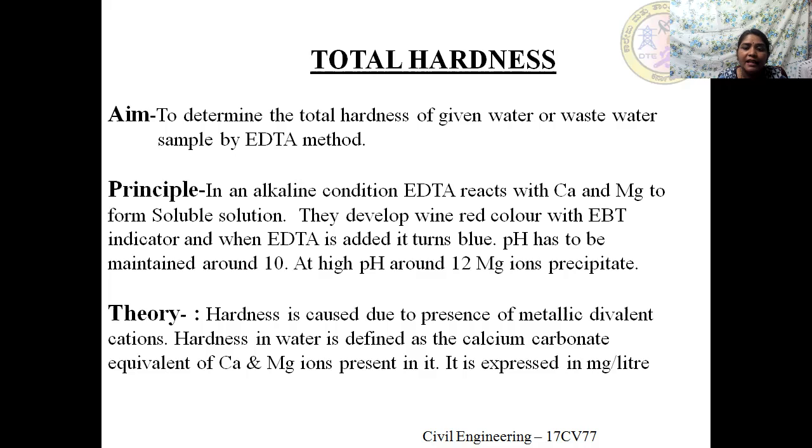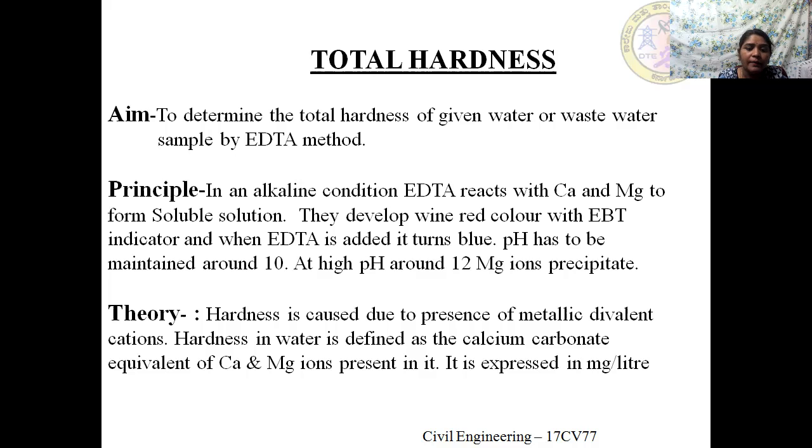When EDTA is added to the calcium ions, they get complexed, and this results in a sharp change of color when the indicator, that is murexide, is added. It turns pink, and after reacting with the titrant EDTA, it is converted to purple. So pink to purple is the end point of this reaction.